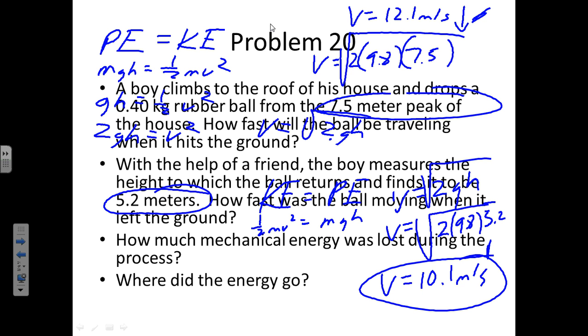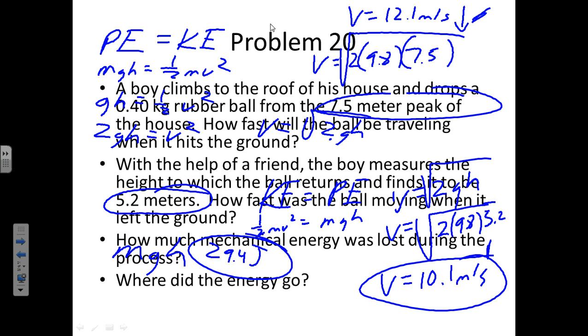So let's calculate the potential energy at 7.5 meters. We'll just do mgh. So at 7.5 meters, we're going to take 0.40 times 9.8 times 7.5. And we get 29.4.